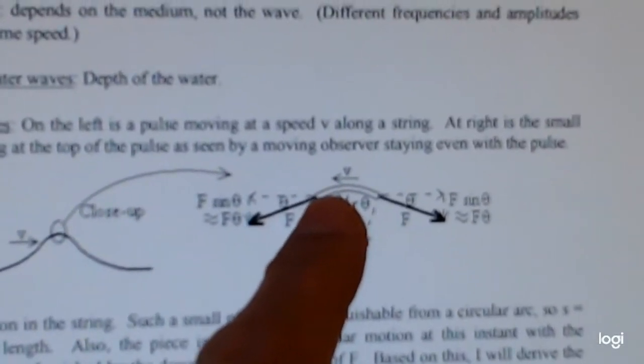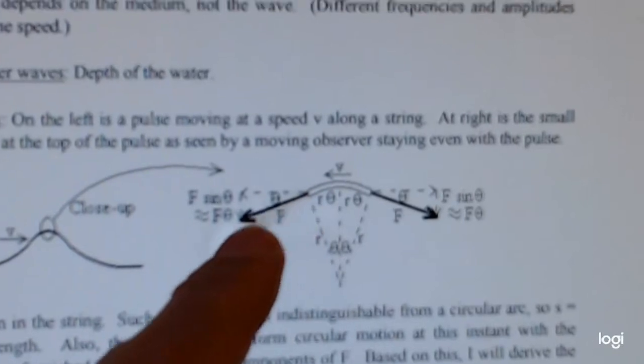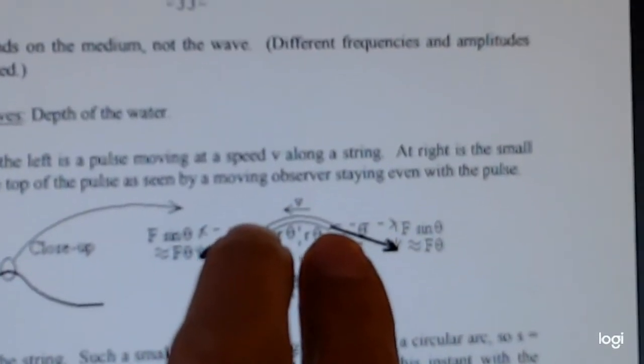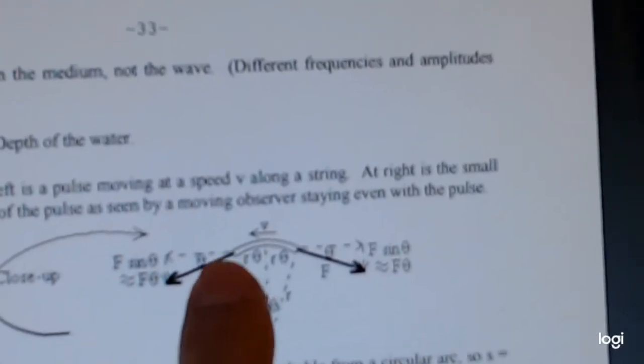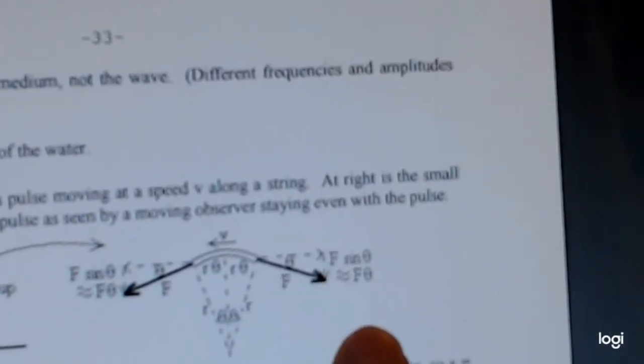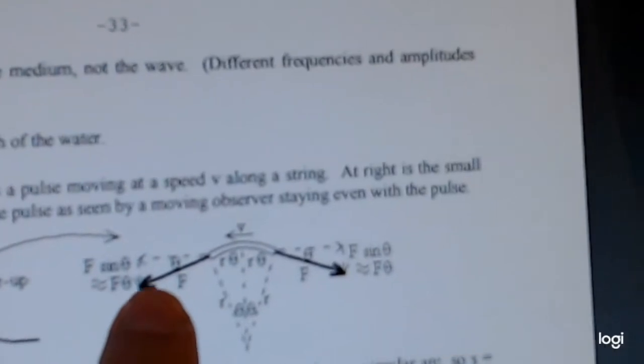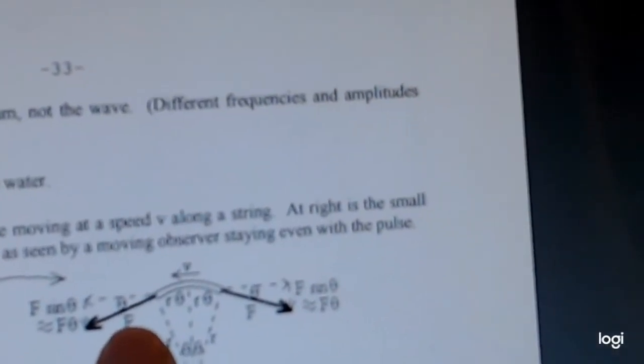This is a close-up of our little chunk I was talking about. The piece of string on this side pulls that way. The piece of string on the other side pulls that way. We resolve that into components.